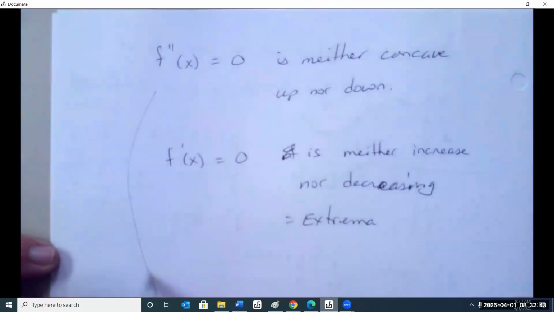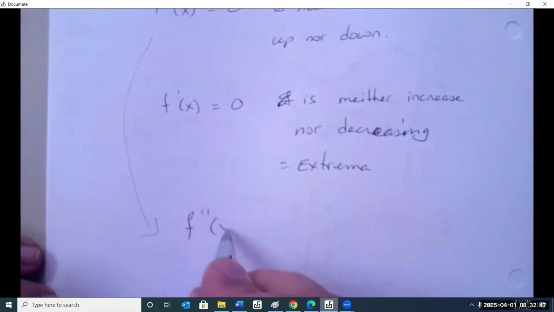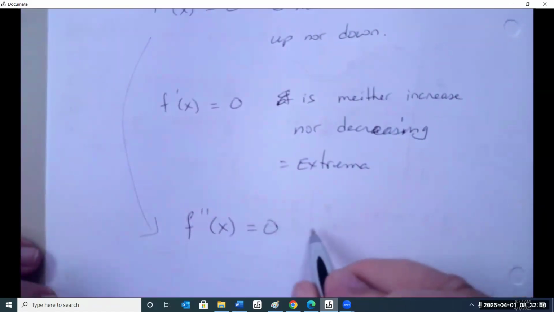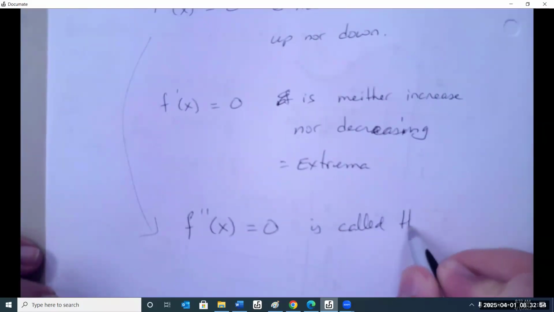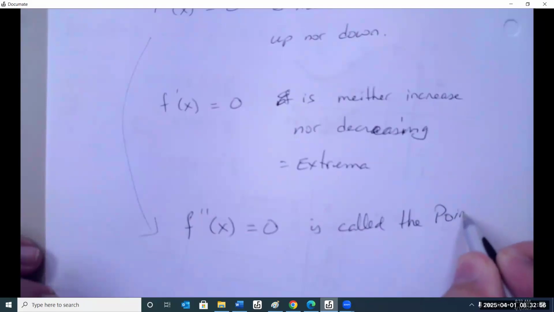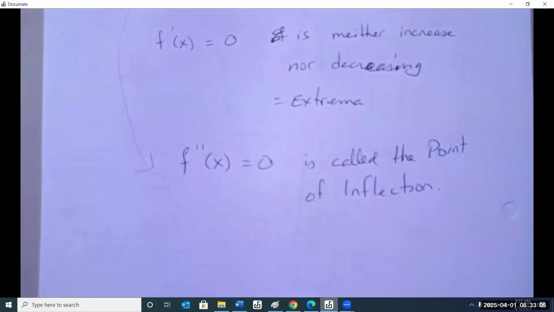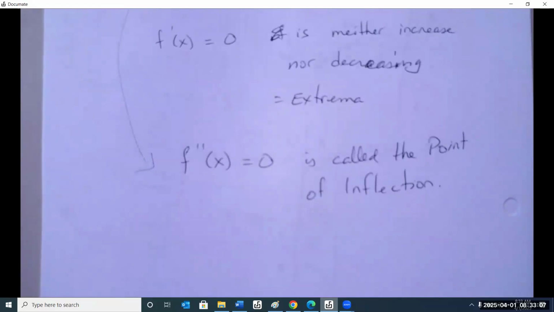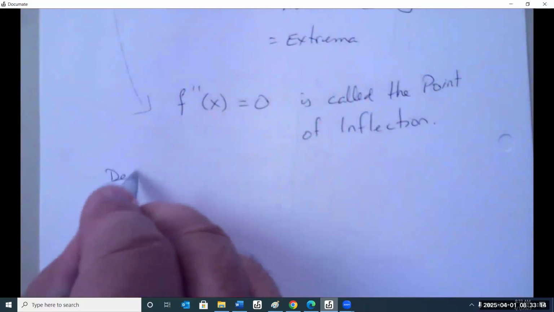But in the second derivative test, wherever the second derivative equals 0, this is called the point of inflection. The definition is this.